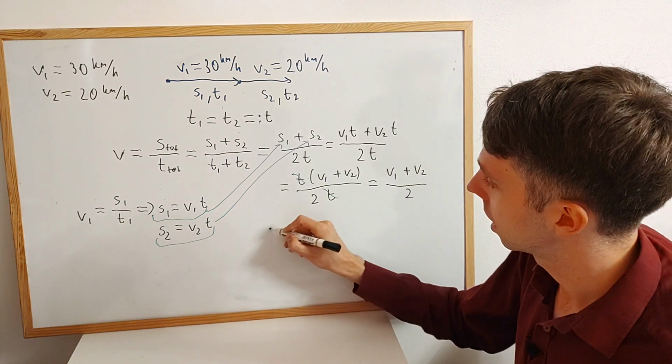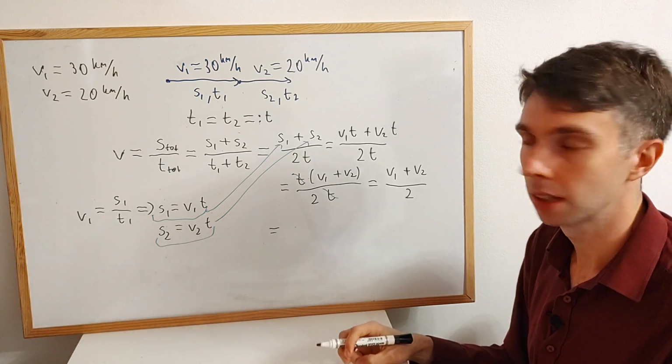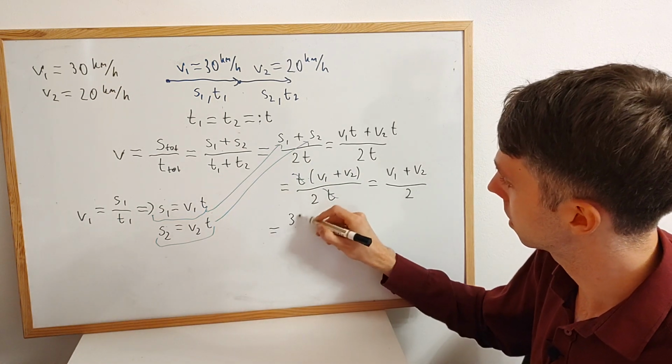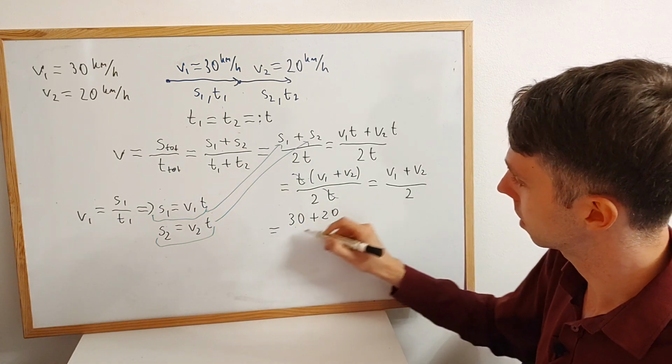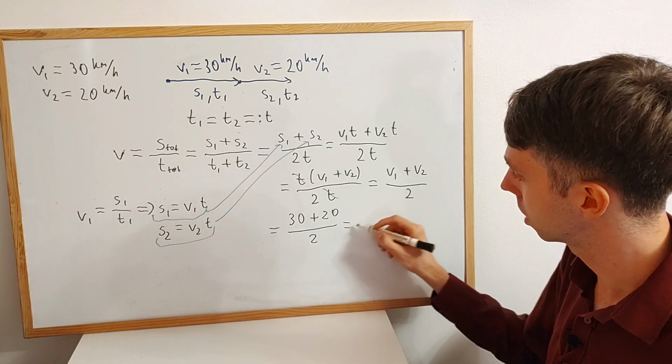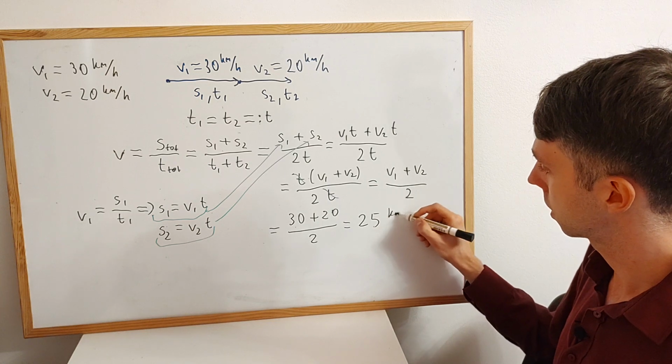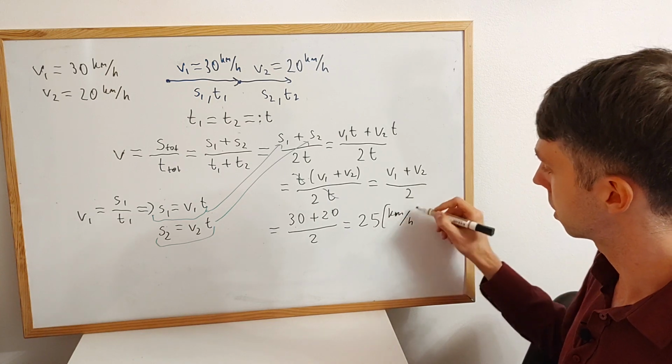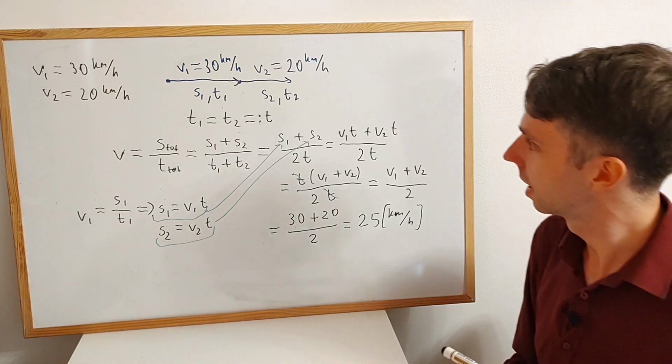And if we plug in the values, we have 30 plus 20 divided by 2, so 50 divided by 2, 25 kilometers per hour, as expected.